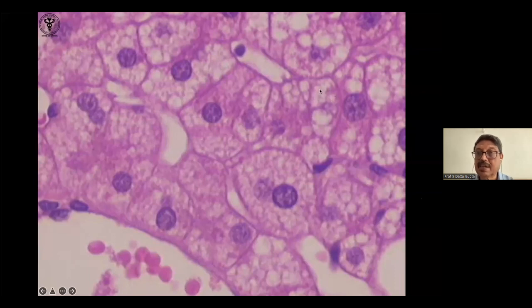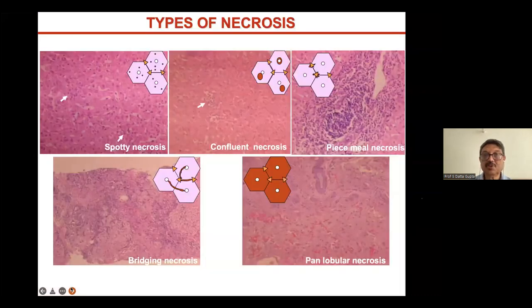This can be seen in NASH. It can be seen in glycogen storage disease. It can be seen in alcoholic liver disease and various others. The important thing is this foaminess is so fine that often you cannot see it. You have to do a lipid stain.